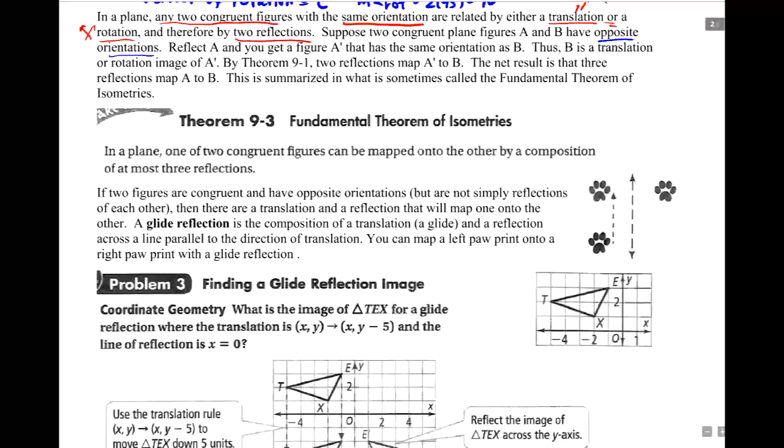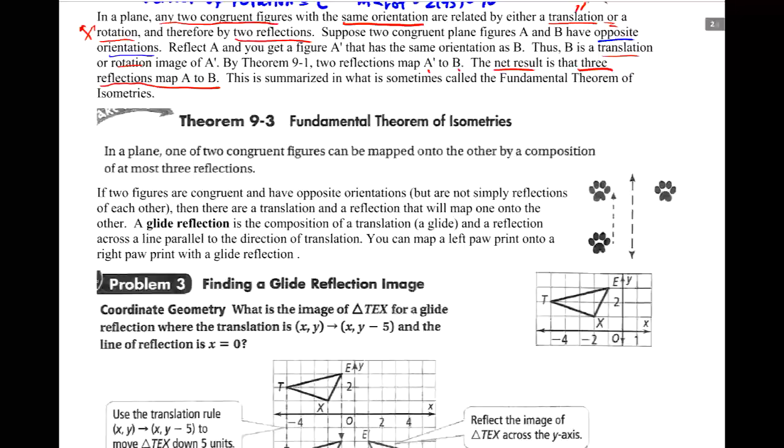Well, how did we get to A prime? We either did 2 reflections across parallel lines or 2 reflections across intersecting lines, and then we either translate or rotate again to map A prime to B. So the net result is that 3 reflections are used to get figures with opposite orientation.